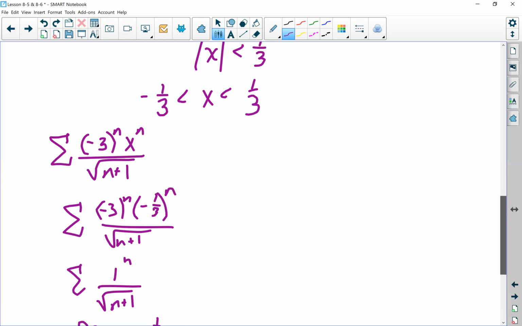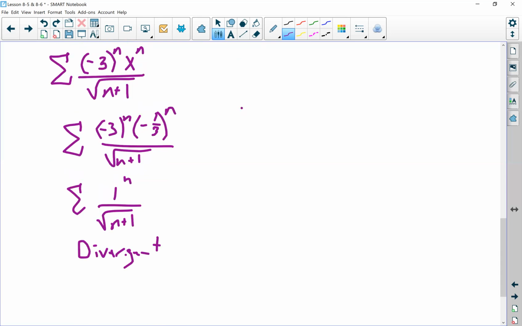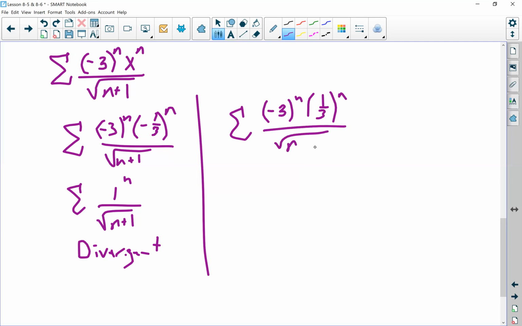For positive 1/3, I'm going to do kind of the same thing. We're going to multiply negative 3 times positive 1/3 and take our answer to the nth power.